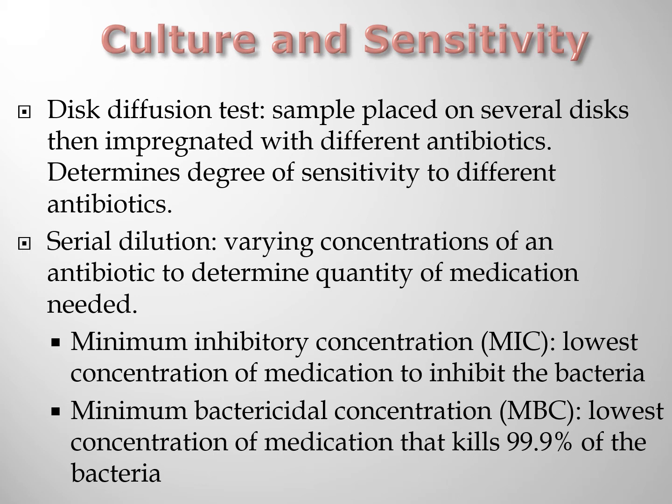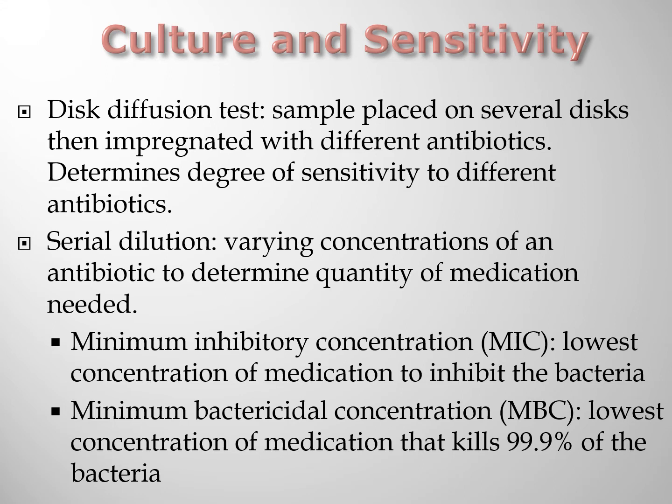So they can dilute the discs more and more and more to get to the lowest concentration required in the blood that will destroy the bacteria. And the same goes for the minimum bactericidal concentration. How much of the antibiotic do I need that's going to destroy the vast majority, 99.9% of the bacteria? Okay, we discussed those concepts before.